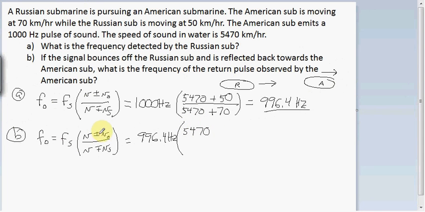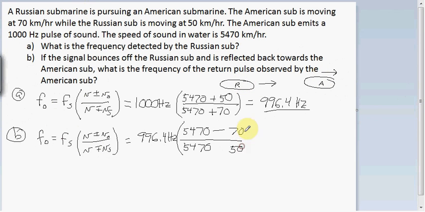Now for the return pulse, our observer is the American sub, and so that's doing 70 kilometers per hour, and it's moving away from the Russian sub, so we take the bottom sign, which is, in this case, the minus sign. In the denominator, the source of our echo, the sound that's returning from the Russian sub to the American sub, is the Russian sub.